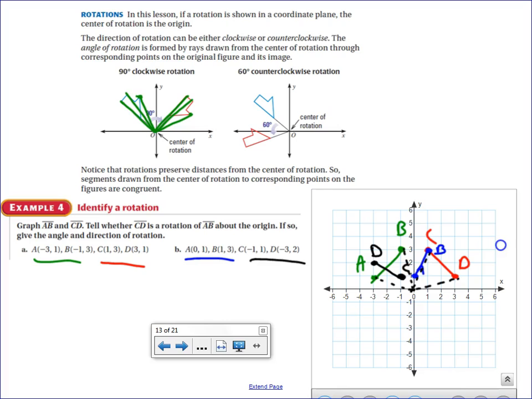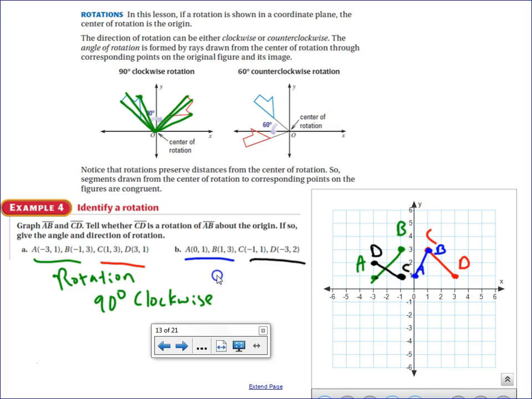B matches up with D in a 90-degree angle as well. Okay? So it maintains that same angle of rotation. So we would say yes, that is a rotation, 90 degrees clockwise.